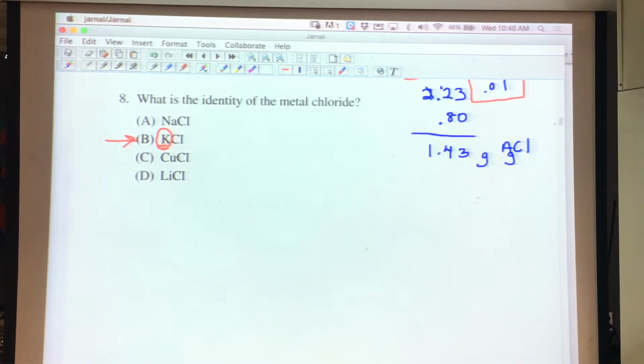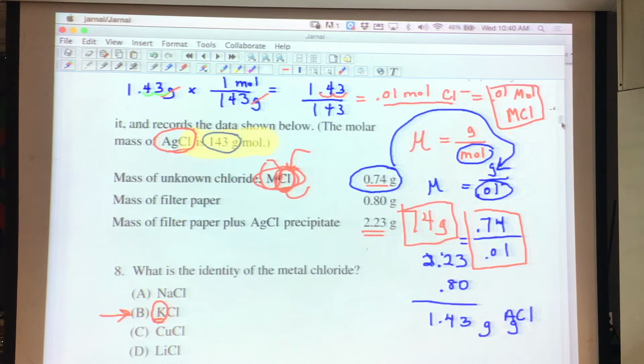Seems like a lot of work. It's because I went slow. I'll go again. This is something you can do. I did what? Found my precipitate. Subtracted out the what? Filter paper. Subtracted the filter paper, I got the grams of my precipitate. Converted to moles, it was an easy number. Got 0.01. Realized that there's a ratio between 1 chlorine per 1 silver chloride to 1 chlorine in the compound.